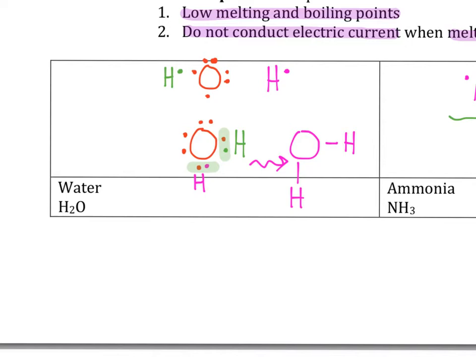Water bonds because each hydrogen needs one more electron to have a full energy level, and the oxygen needs 2 more valence electrons, so they actually share their valence electrons, which creates this bond.